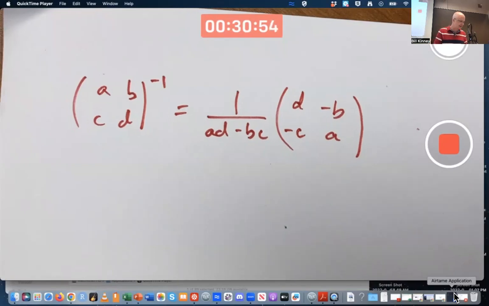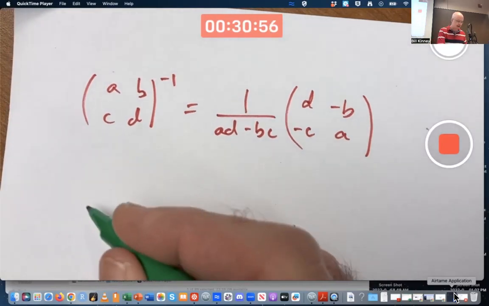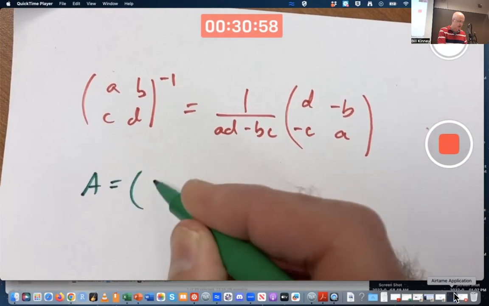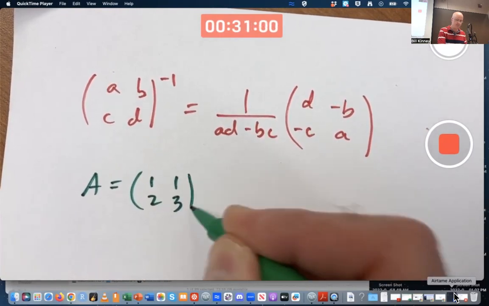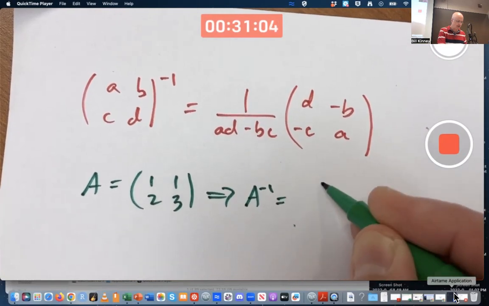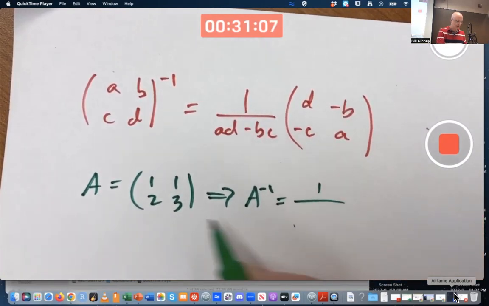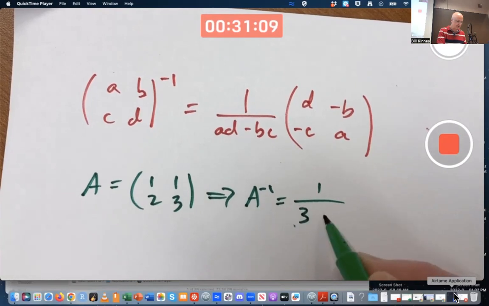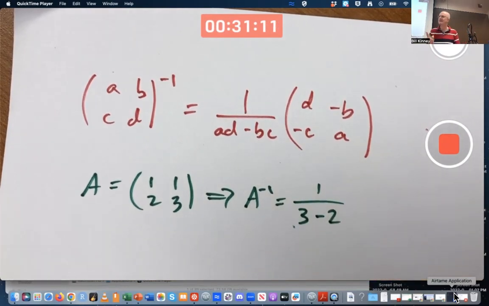And in the present case, our matrix A from the previous page is this matrix. So A inverse is going to be 1 over AD, which is 3, minus BC, which is 2. Oh, I guess I better not be dividing by 0 when I use this formula, right?